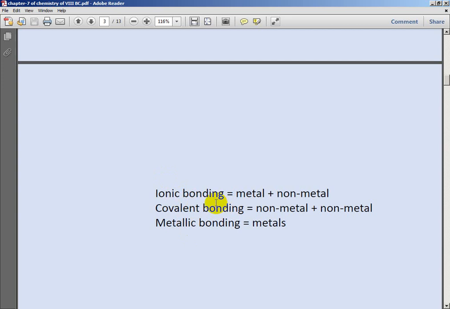Ionic bonding forms between metal and non-metal, and covalent bonding forms between non-metal and non-metal. And metallic bonds form between metals. In metallic bonds, only metals are involved. In ionic bonds, metals and non-metals are involved. In covalent bonding, non-metals and non-metals are involved.